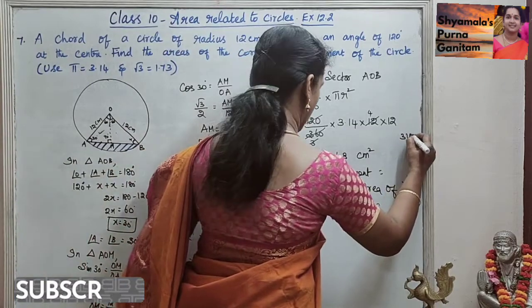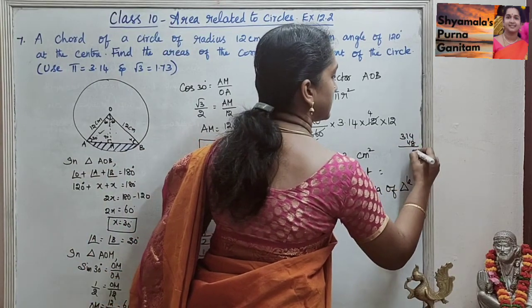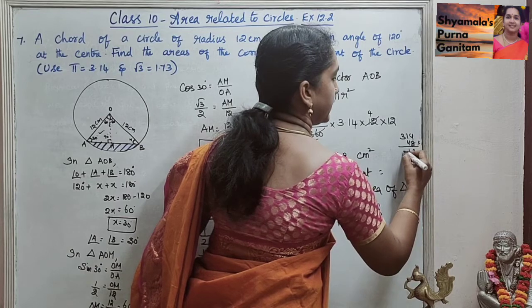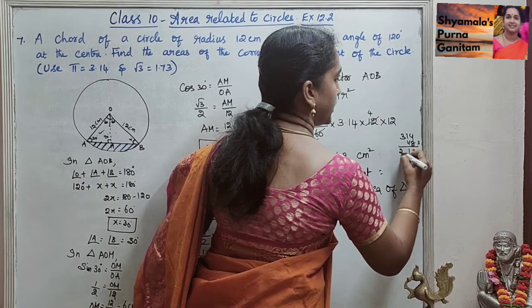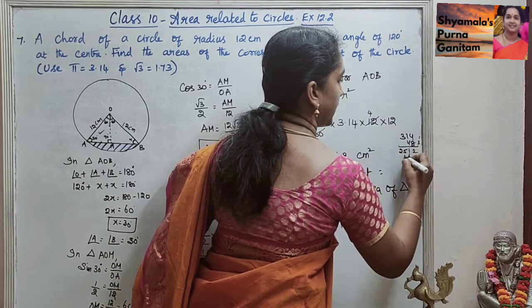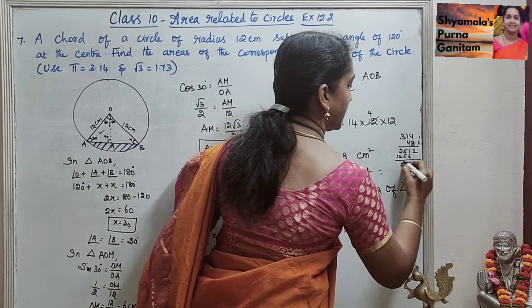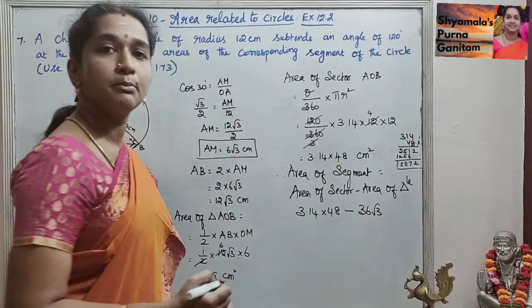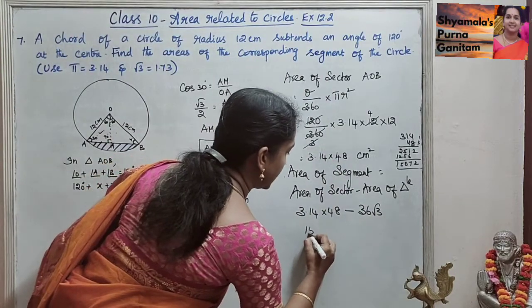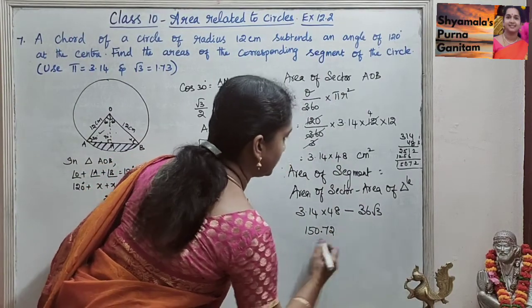So 314 into 48, we multiply and get 150.72.